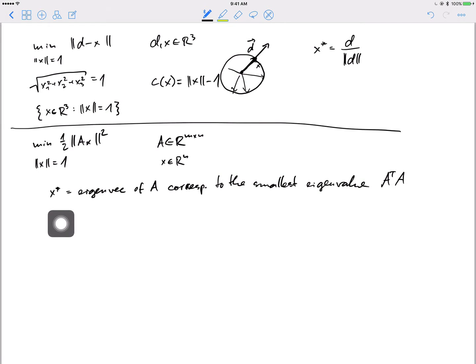If you want to prove that that's the solution, you can do that for homework, and the hint is Lagrange multipliers. By the way, if I wanted to maximize this, then the solution would be the eigenvector corresponding to the largest eigenvalue of A transpose A. This is one explanation of why eigenvalues and eigenvectors are so important.